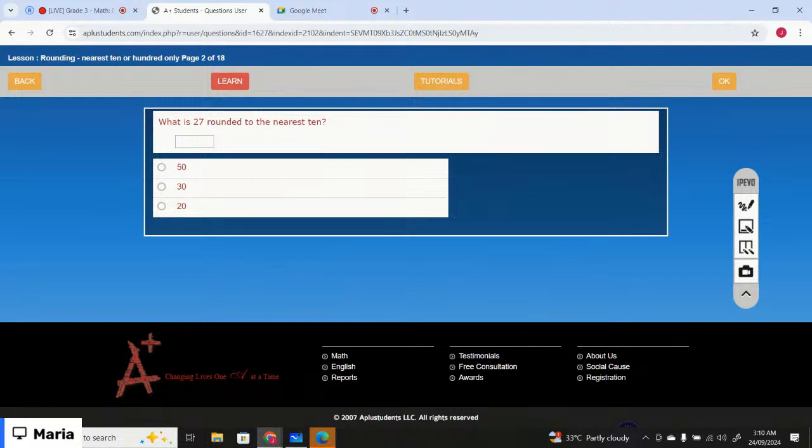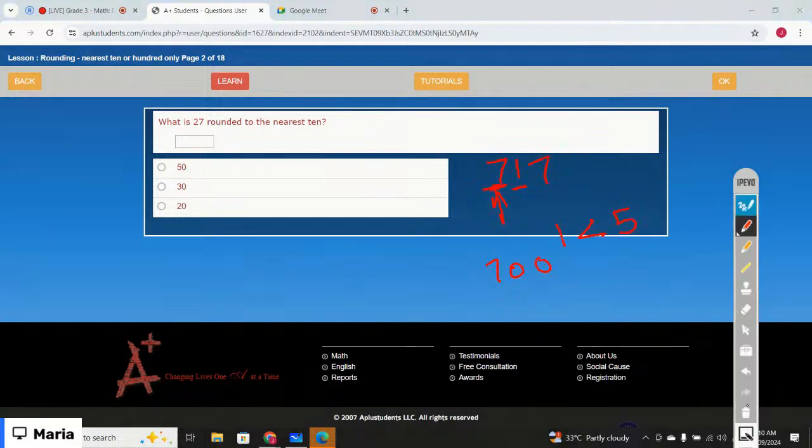What is 27 rounded to the nearest 10? So which is the correct option? 27 is between two tens, 20 and 30. 27 is rounded to which 10? 20 or 30, which is the correct option? 30 it is, because 27 is just 2 points away from 30. 7 points here and only 2 points here.